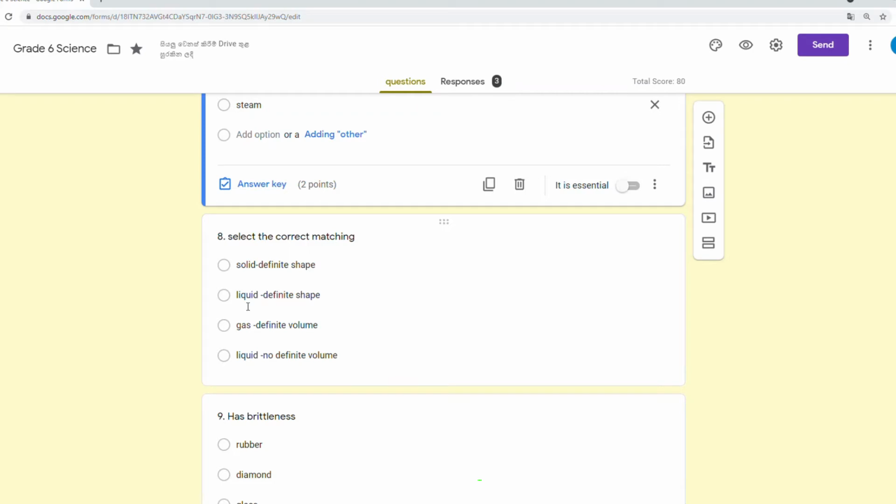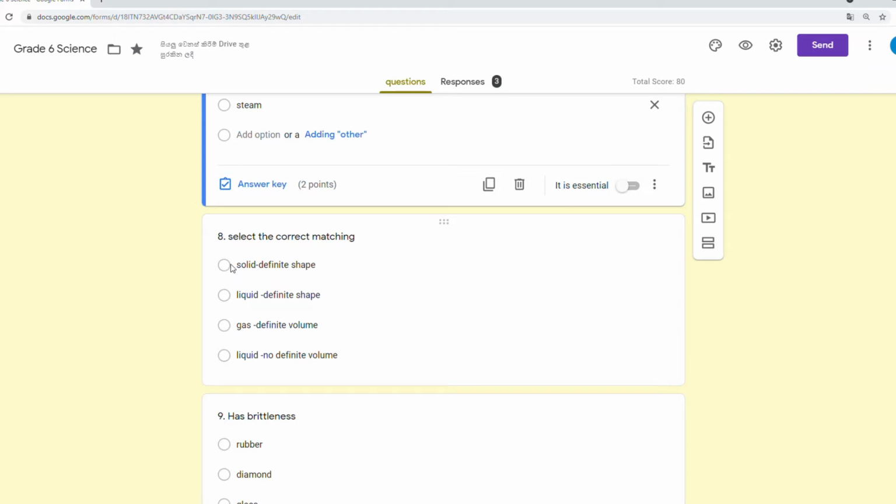And when you get into liquid, they don't have a definite shape. It takes the shape of the container, and there's a definite volume. But when you get into gas, no definite volume or definite shape. So according to those points, now you can easily get the answer.